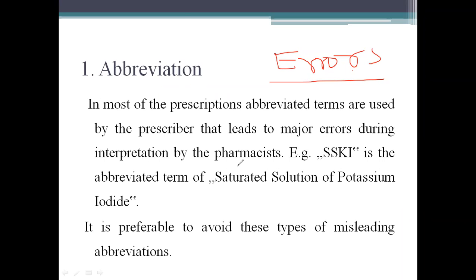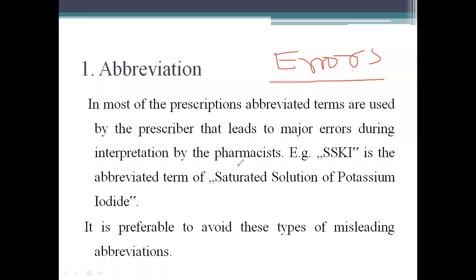But if the pharmacist is unaware, if the pharmacist doesn't have enough knowledge, at that time the pharmacist reads it as SSKI. SSKI means what? He is not going to understand anything. And if he does not understand anything, then how should he compound the medicines for the patient? If he doesn't understand the prescription, what will he give the patient?